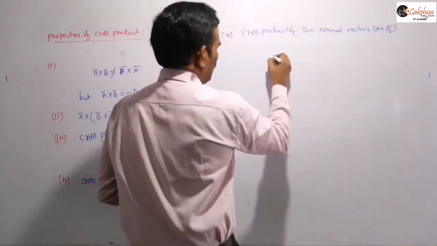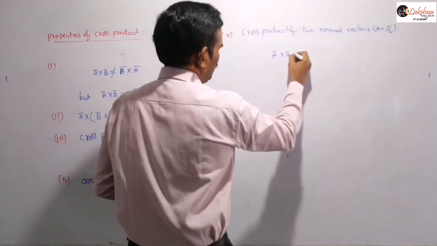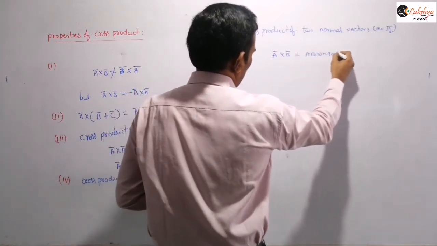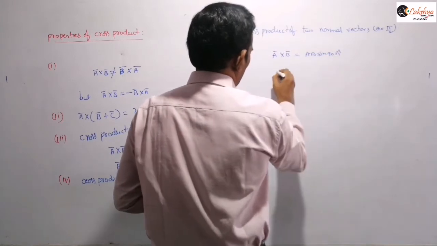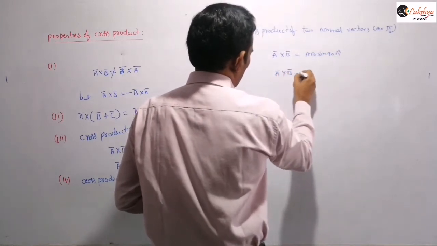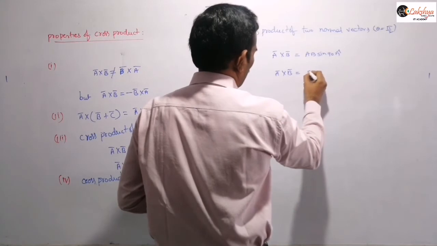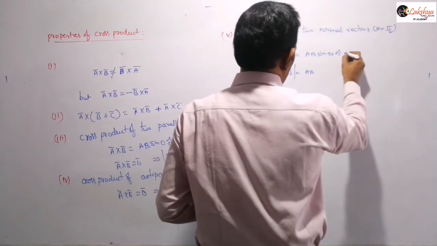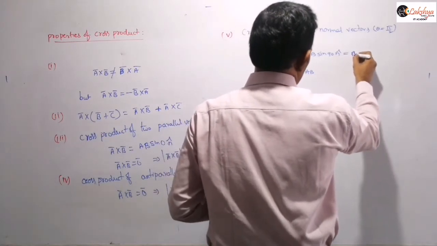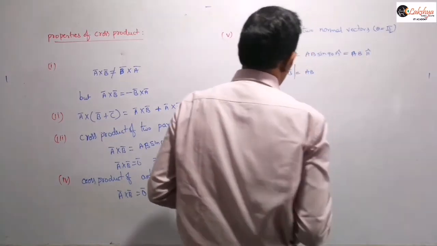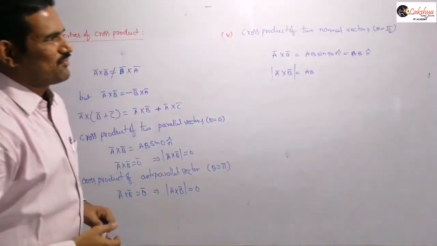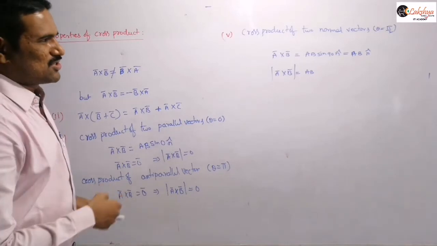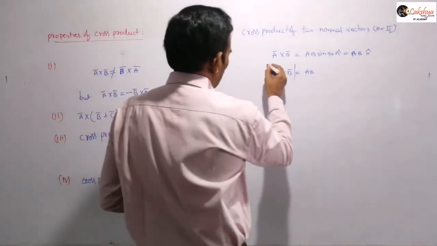Therefore, a bar cross b bar will be equal to AB sin 90 into n cap. I can write this as AB, which is the magnitude, and this is AB into n cap, which is the vector. That means the magnitude of the cross product of two vectors will be maximum when the two vectors are normal to each other. So this is nothing but our maximum value here.